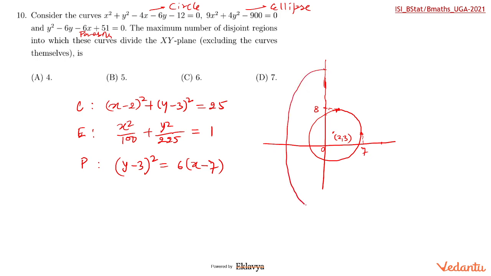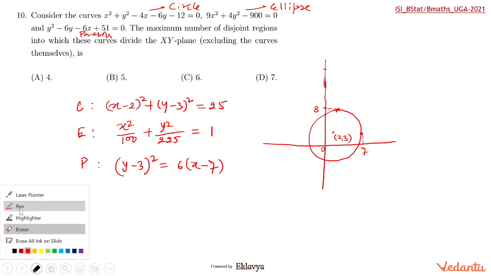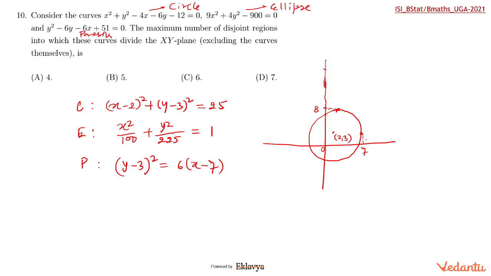It covers the complete circle, somewhat like this. We should plot it again. All right. So the ellipse is somewhat like this.